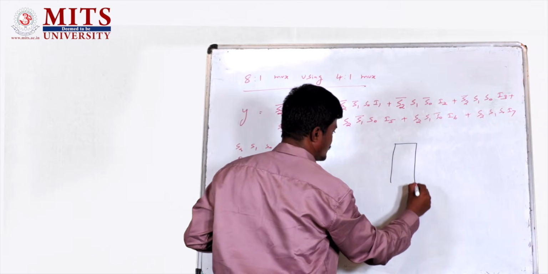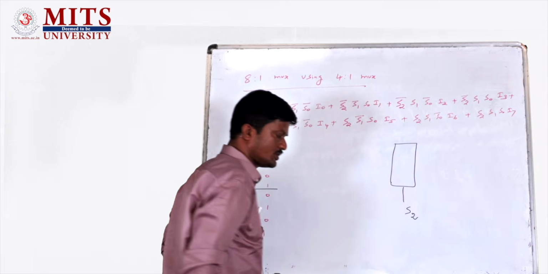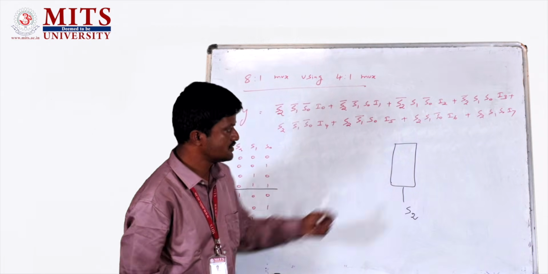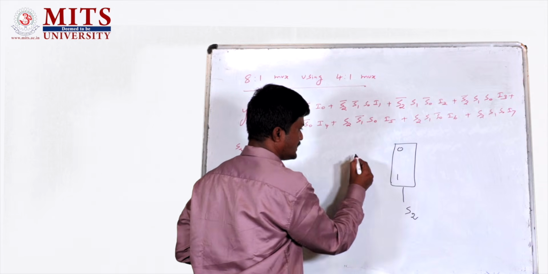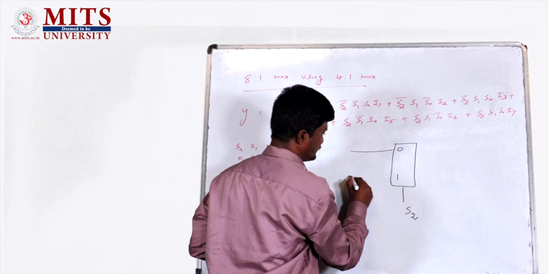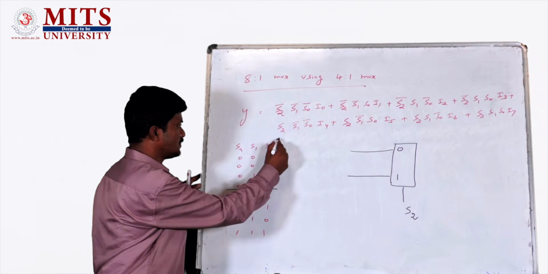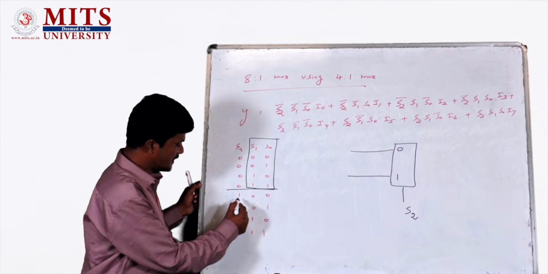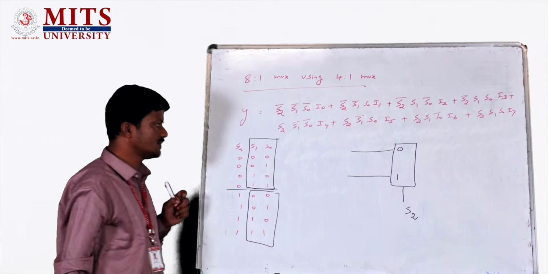That will be the outer one, which is S2. Then with one selection line, we have 2 possibilities. The first possibility is 0 and the second possibility is 1. When S2 is 0, you select this 4:1 mux. When S2 is 1, you select the second 4:1 mux.